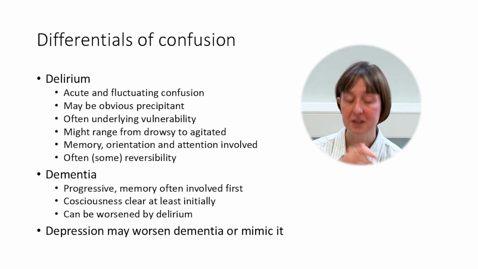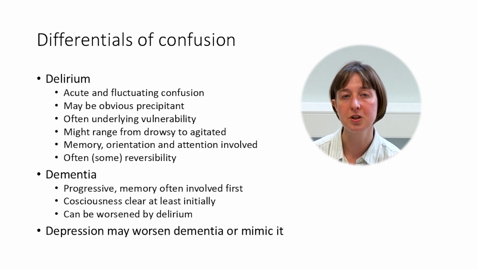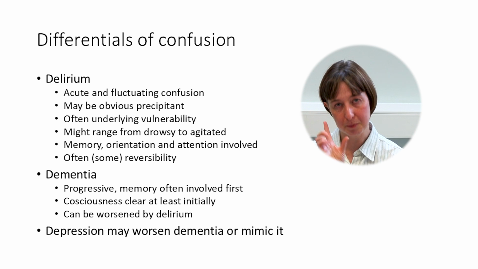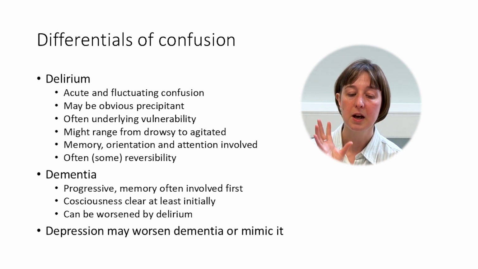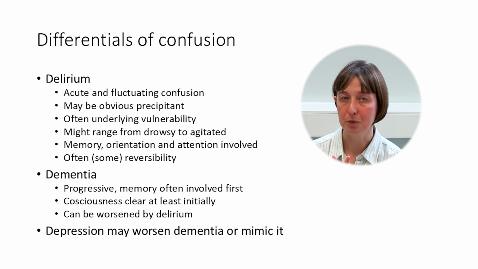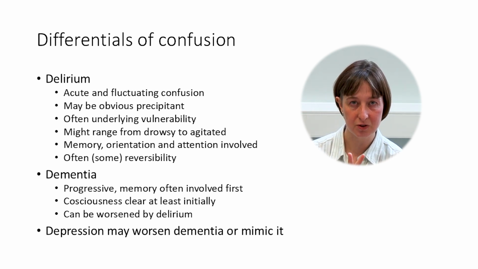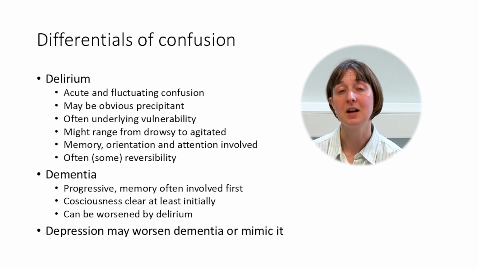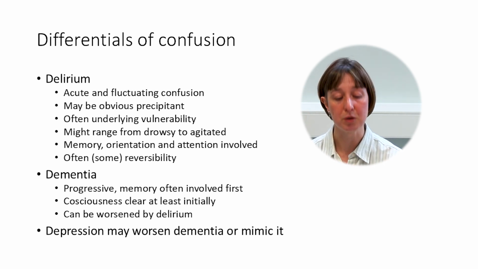And in dementia, it is a progressive disorder of cognitive function. Memory is often involved first, and I'll be specific, that's usually with Alzheimer's dementia. Consciousness is clear, so people aren't drowsy or disorientated, at least at first. They're alert and aware, but they may be muddled and they may have amnestic or memory problems.